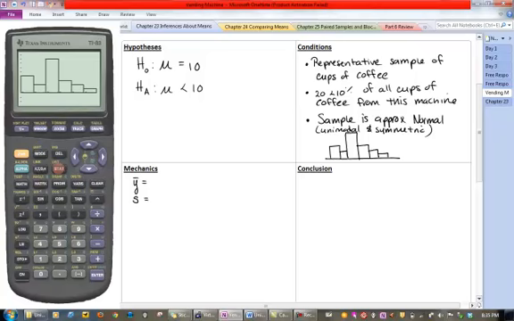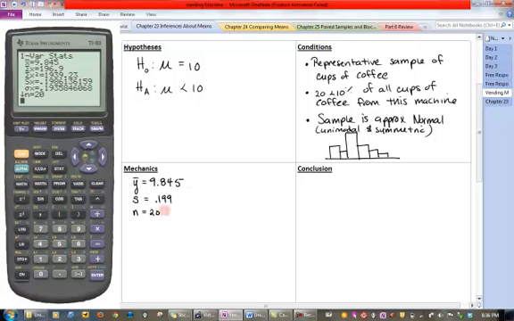So remember, you can get your sample mean by going stat calc 1-var stats, and we can see right here our x bar, or y bar we're going to call it over here, is 9.845. And our s, we do not want sigma right now, we want s. Okay, so we want 0.199. And n is equal to 20. All right, so now we're ready to go forward with our test.